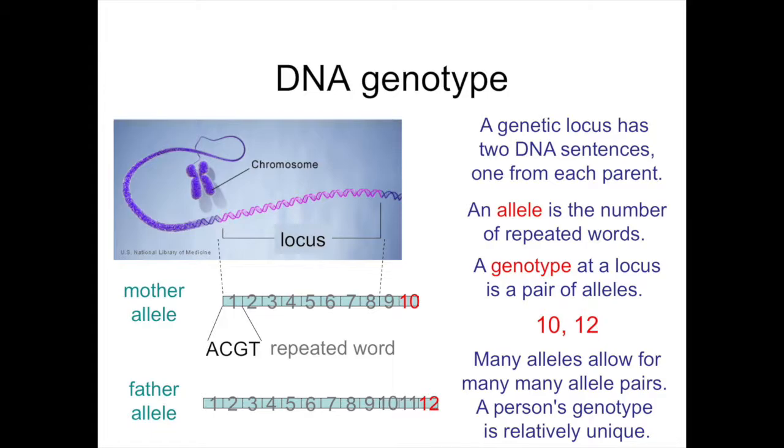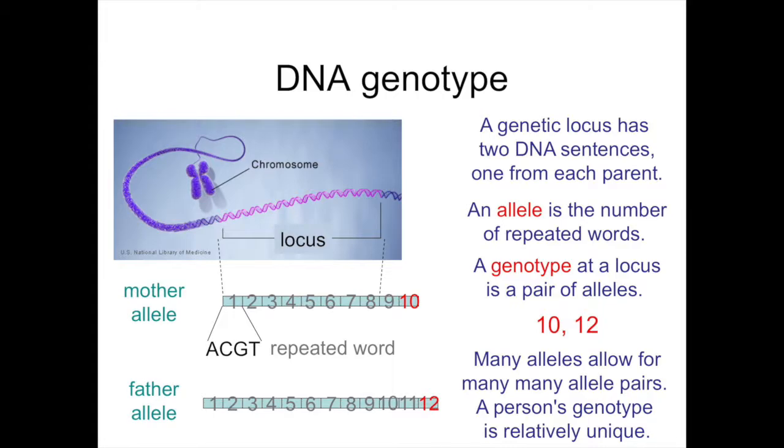In this example, if we take a chromosome and zoom in at one location, there may be 10 repeats for the mother allele, 12 for the father allele, and that pair of alleles is the genotype 10,12. And what scientists do is they measure maybe 15 different locations across your genetic encyclopedia looking for that pair of alleles. 10,12 at one location, 5,13 at the next location.